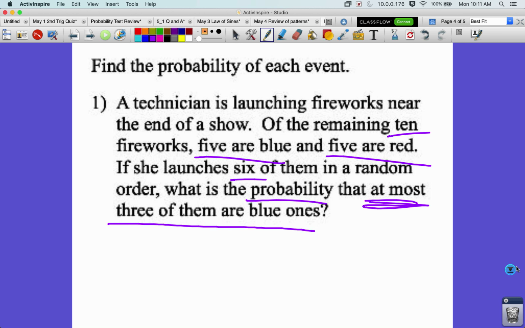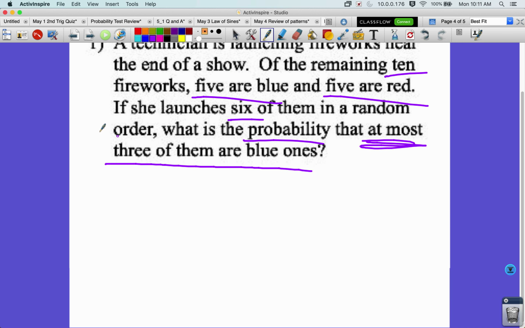Okay, so we need to be very organized with this information. Maybe it'd be useful to just draw out 5 red fireworks and 5 blue fireworks, just to help us think about what's going on here. So these little boxes will represent fireworks.